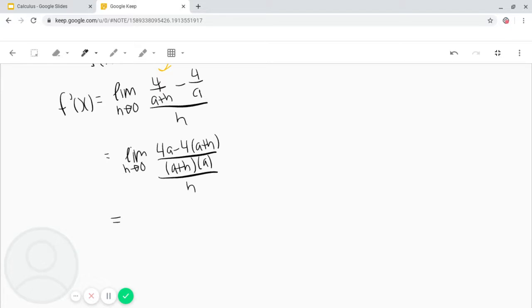And then once we expand and simplify, I won't go over in too much detail how to do that. That's just algebra.